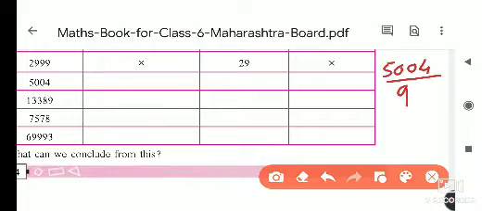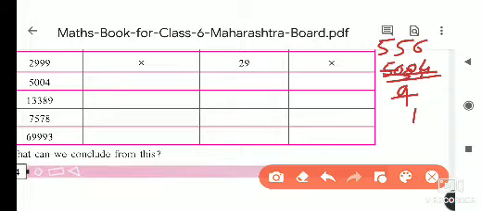Is 9 contained inside 50? 9 fives are 45. 50 minus 45 remains 5, and you write it in front of this 0, so it is 50. Again 9 fives are 45, again 5 remains, and 9 sixes are 54. If you see 5004, it is completely divisible by 9 because the remainder is 0.